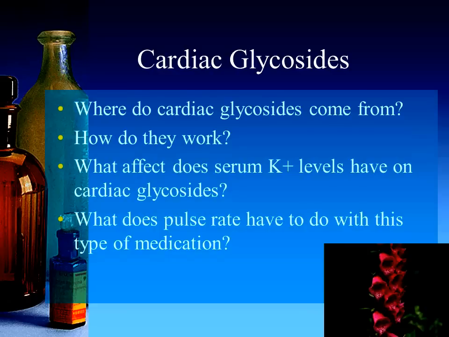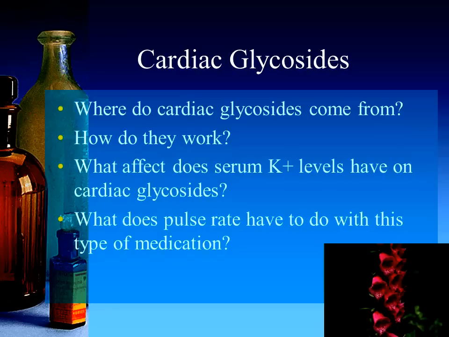So now my question, a little bit about the history of medicines. Medicines come from a variety of different sources. They can come from animals, they can come from plants, they can come from the earth, they can come from a laboratory where there are a bunch of chemicals that are put together.